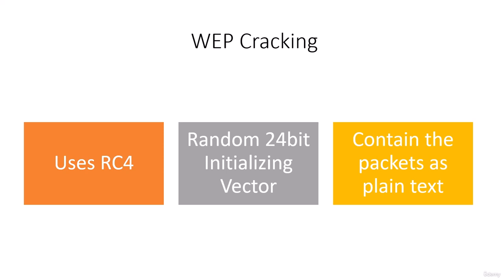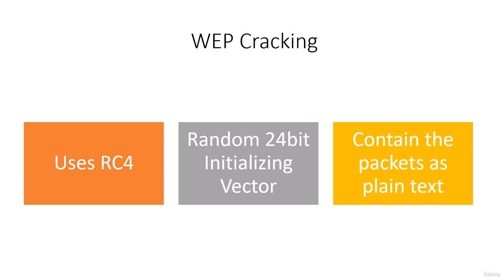So the initialization vector is a 24-bit random value sent in each packet as plain text. In a busy network we are going to have a very large number of packets, so the possibilities of unique IVs will be exhausted. We will be able to sniff all those packets and collect the ones that have the same initialization vector.